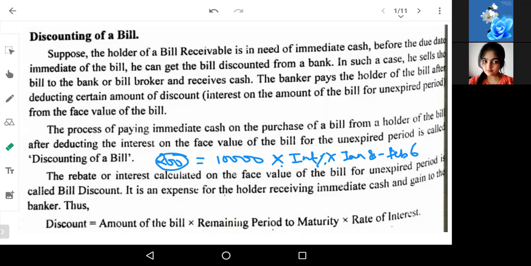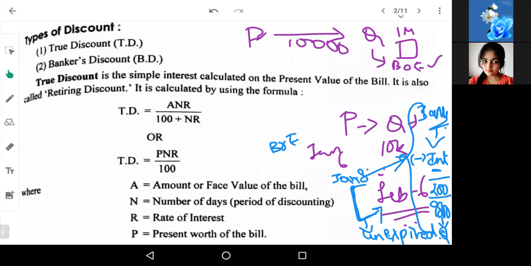Now this interest, this 200 rupees interest, is an expense for the holder receiving the immediate cash. Now out of P and Q, who wanted cash? Q wanted cash immediately. He took that bill of exchange to the bank and the bank deducted 200 and paid 9,800 to Q, right?